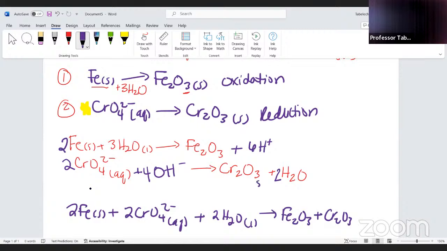And I forgot to write solids for that. Solids for this one as well. Plus 4 OH negative, okay? So this is how our reaction is balanced.